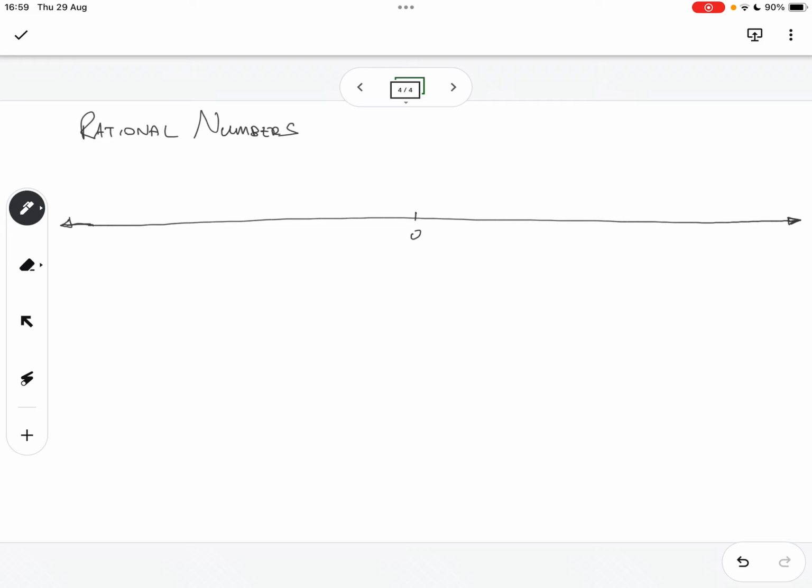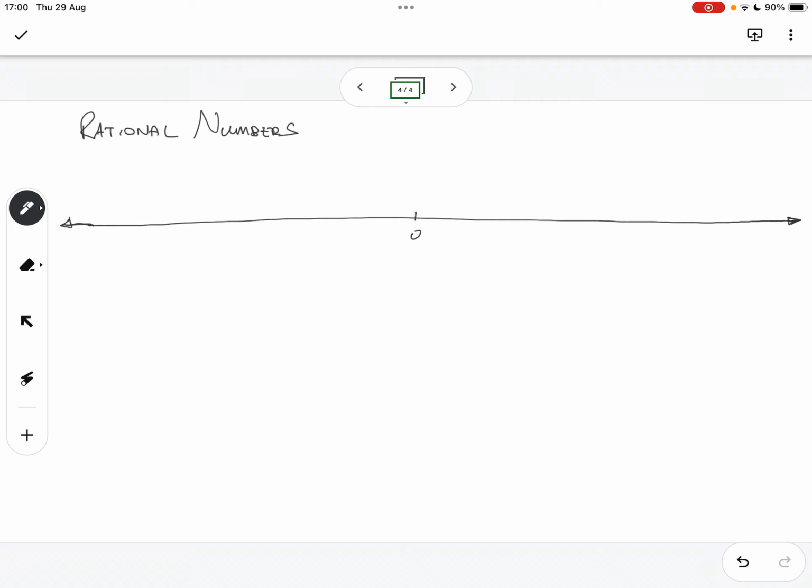Okay, so let's make an exercise here between the two of us. We're going to have a number line here, and we're going to plot on it, ne? Let's start with integers, which include negative and positive numbers.